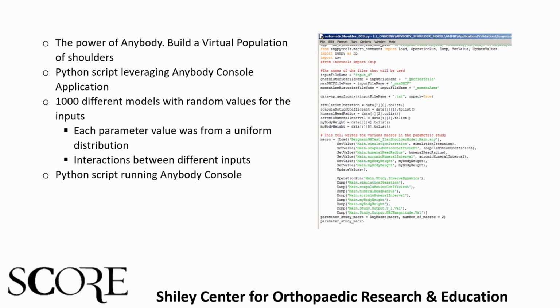And that's kind of the power of AnyBody. AnyBody was just a great tool for this. We were able to build a virtual population of shoulders. We used a Python script to leverage the AnyBody console application, and we were able, in a straightforward manner, to build 1,000 different models with random values for the inputs within the ranges that we had chosen.